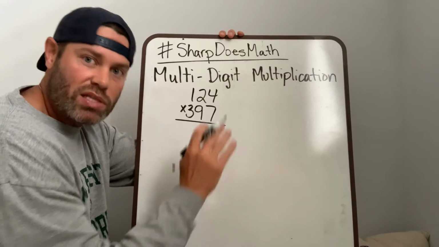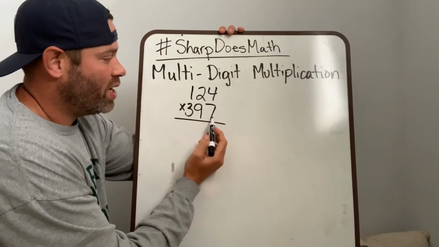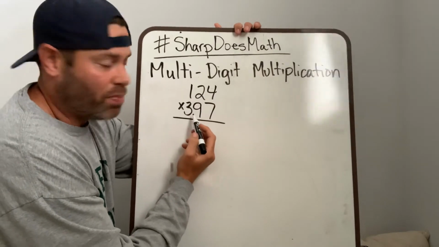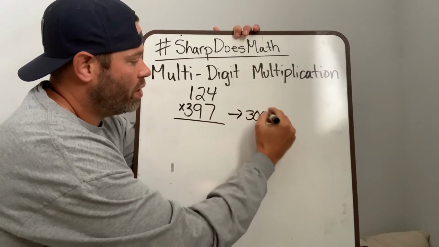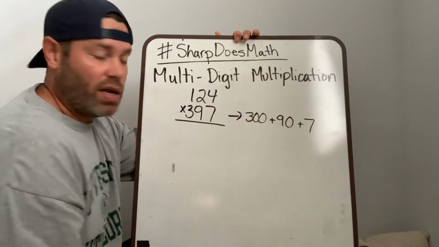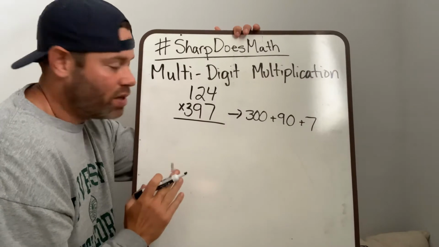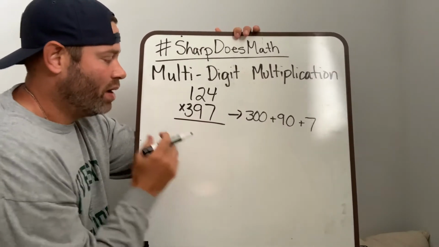You just take it piece by piece, nice and slow. So watch what I'm doing here with this 397. If I break this apart by place value, that's 300, 90, and 7.